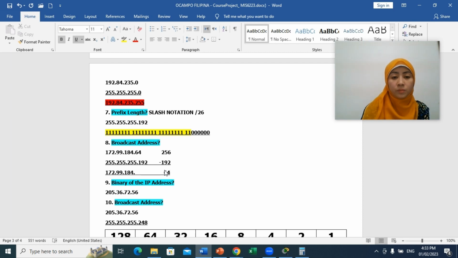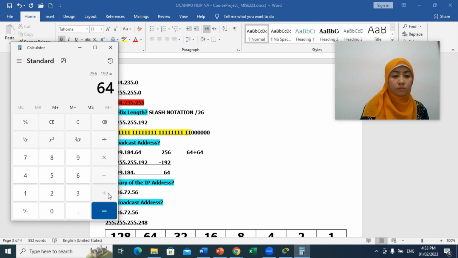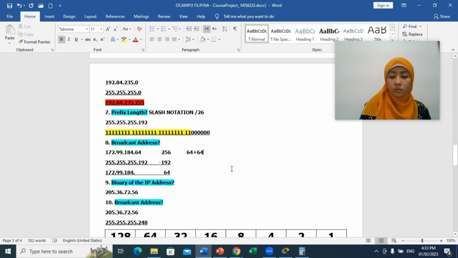So here we have a value of 64. So 64 is equivalent to 64. We need a value higher than 64. To do that, we will add 64 to itself. So 64 plus 64 is 128. So now 128 is higher than 64.